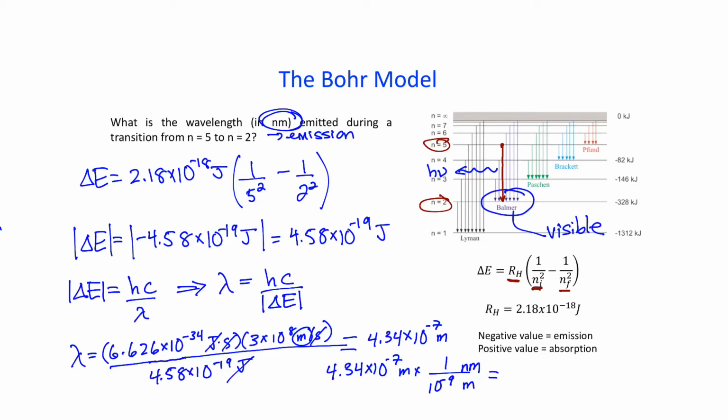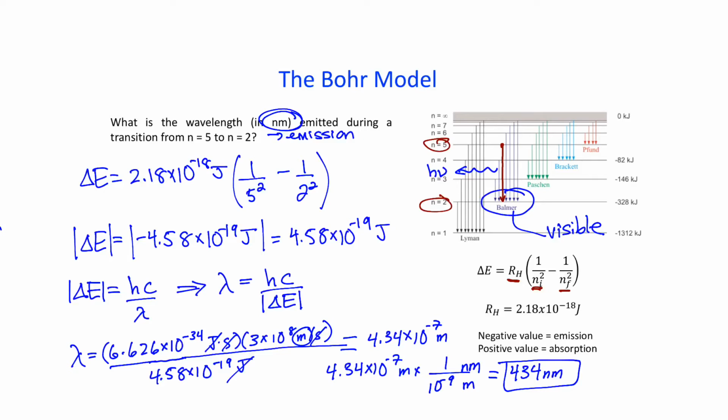Either way, hopefully you end up with 434 nanometers. If you go back and look at your electromagnetic spectrum, you should see that 434 nanometers falls in the visible part of our spectrum. It's actually going to be towards the blue.